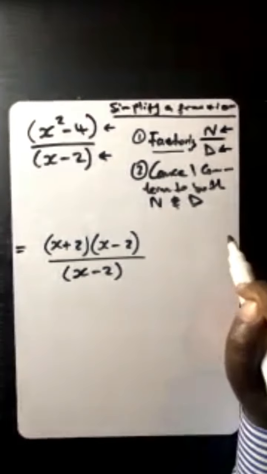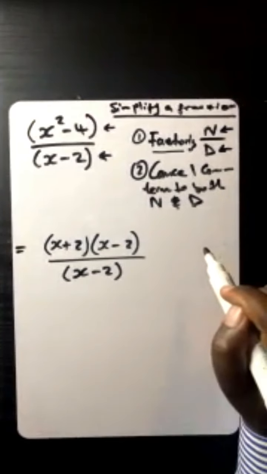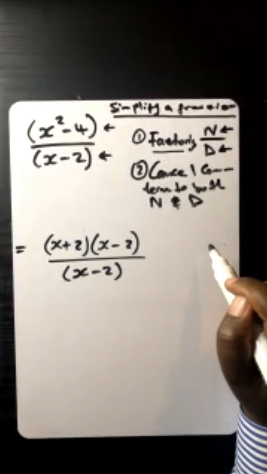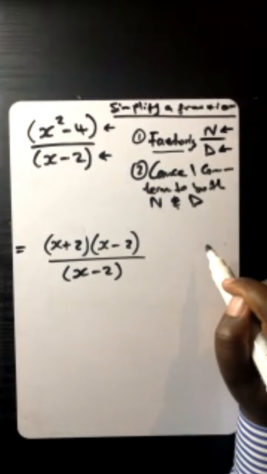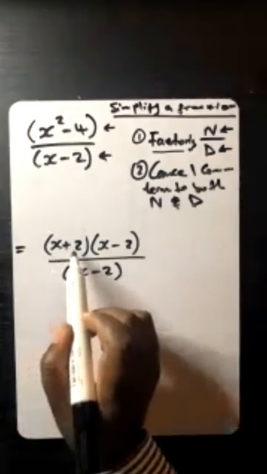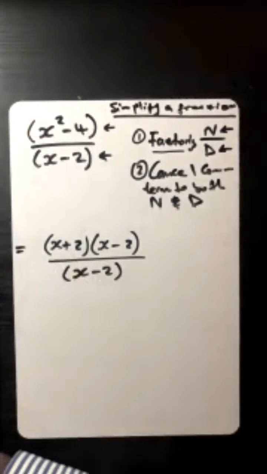What can we cancel? We can cancel the first x plus 2 and the denominator. Give me the reason why you would cancel x plus 2 and that x minus 2.